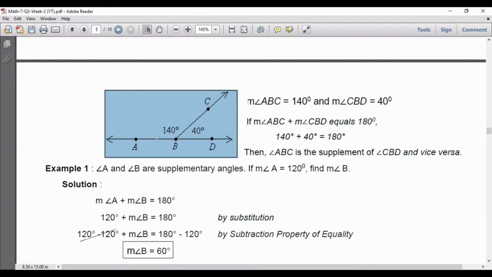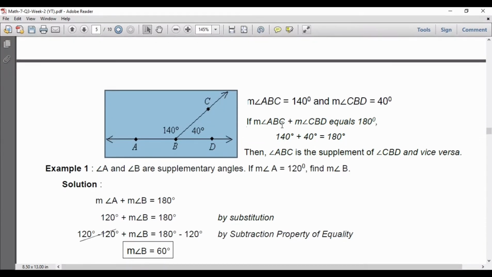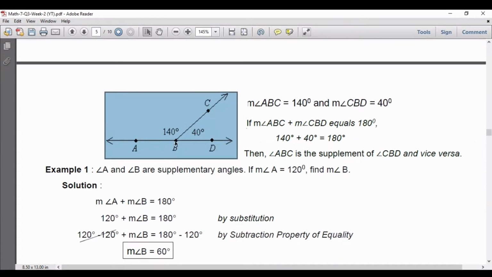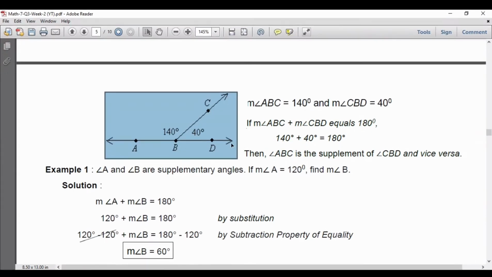So ang tanong, are they adjacent angles? Do angle ABC and CBD have a common vertex? Yes, they have a common vertex, and that's point B. Isa pa, para maging adjacent, meron ba silang common sides? Yung side BC, or ray BC, is a side of angle ABC, and ray BC is also a side of angle CBD.